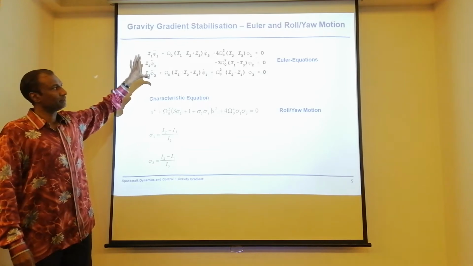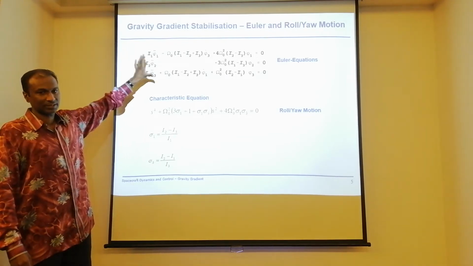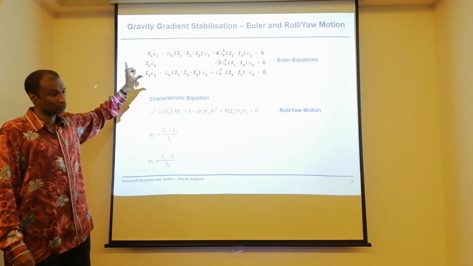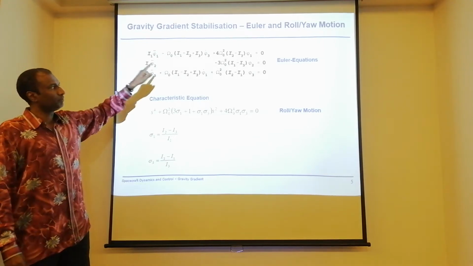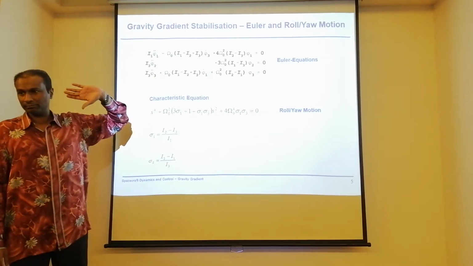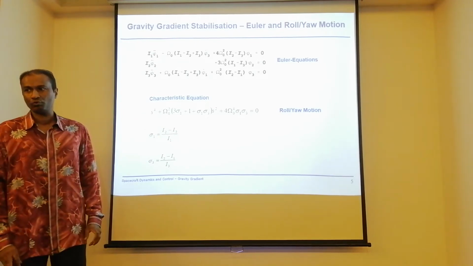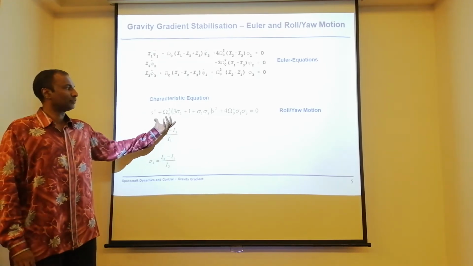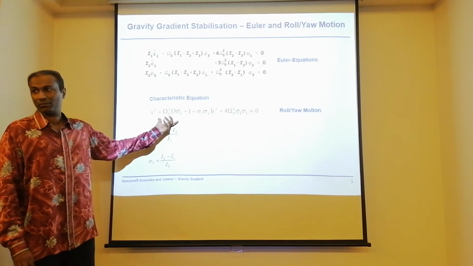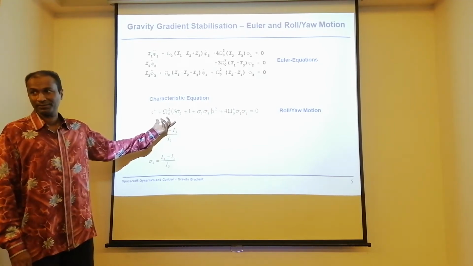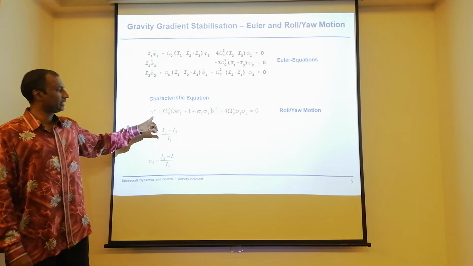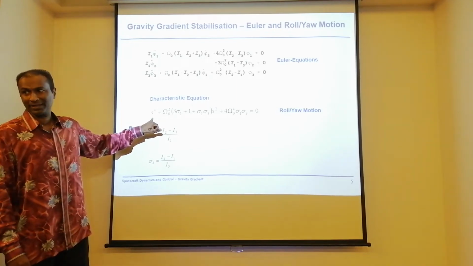This is a complete equation which is subjected to the gravitational gradient, and we have also known that pitch is always decoupled, and roll and yaw is coupled motion. I think you have learned this characteristic equation in control engineering. I use an operator called Laplace.